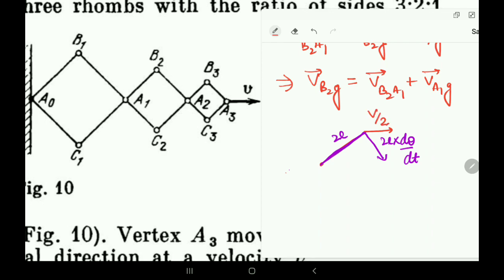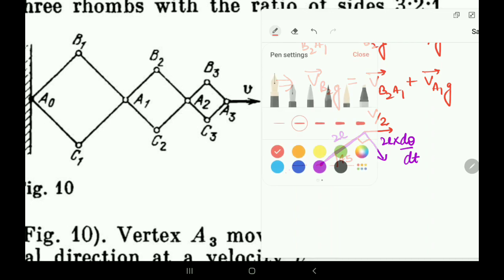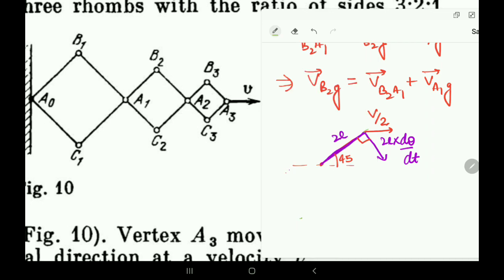So this is V by 2, which is going forward in the right direction. A1 is going forward in the right direction, and v_B2A1, the velocity of B2 with respect to A1 joint, is perpendicular to the line whose length is 2L.